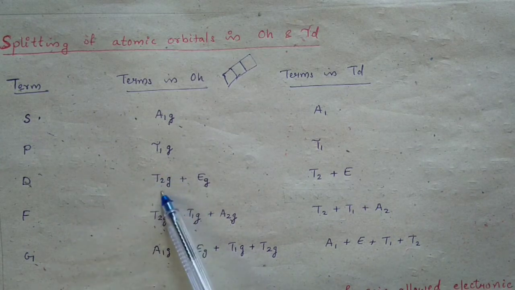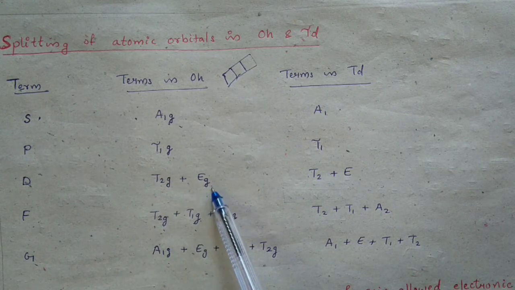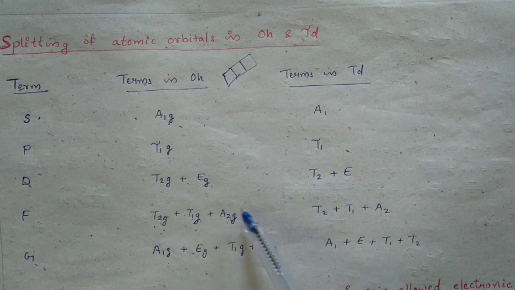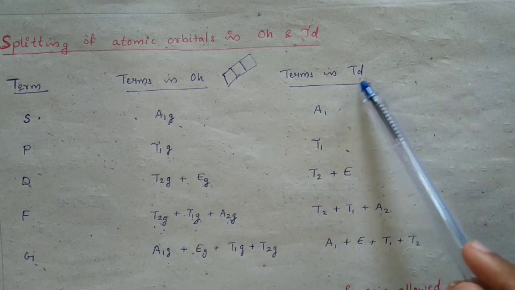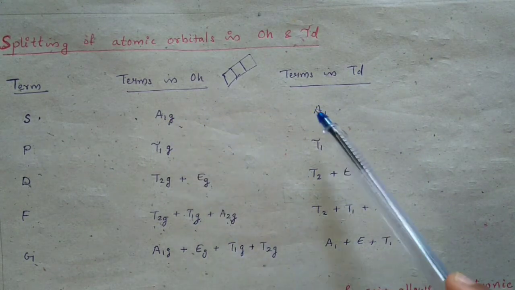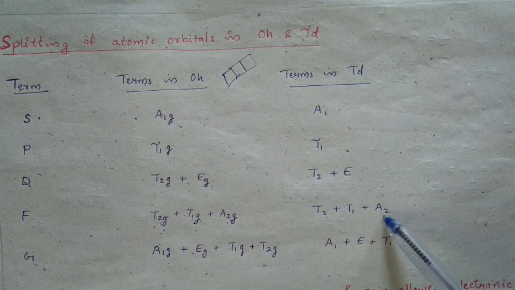For D, 5: triply degenerate 3 plus doubly degenerate Eg, 3 plus 2 is 5. For F, 3 plus 3 is 6 plus 1 is 7, so the F subshell has 7 orbitals: T2g plus T1g plus A2g. In tetrahedral we just remove the g suffix: A1, T1, T2, E plus T2, T1 plus T2 plus A2.